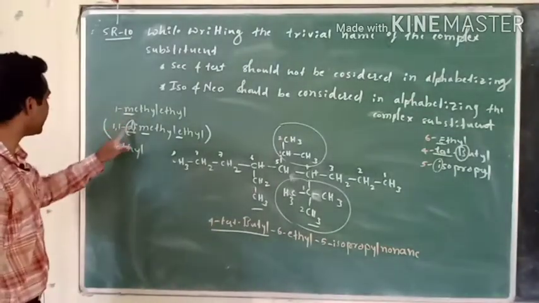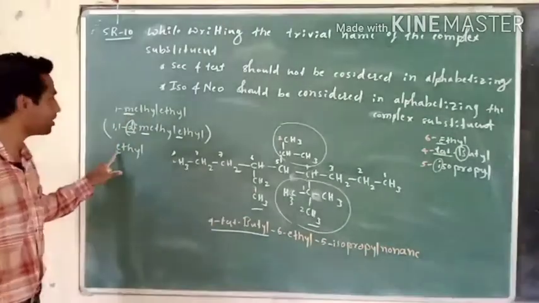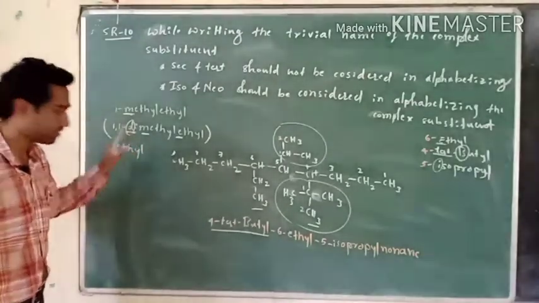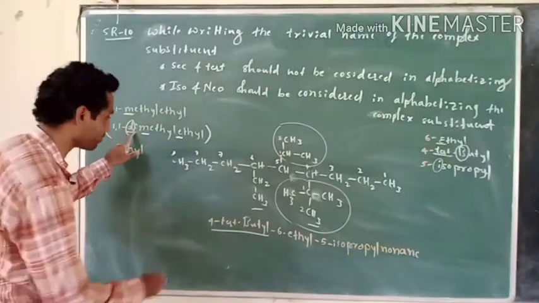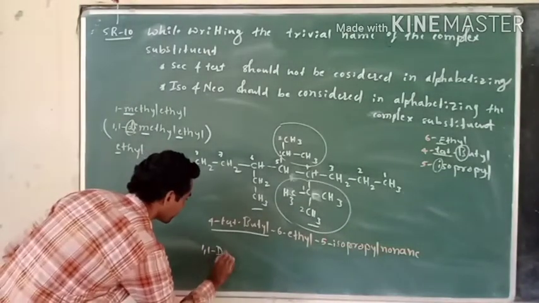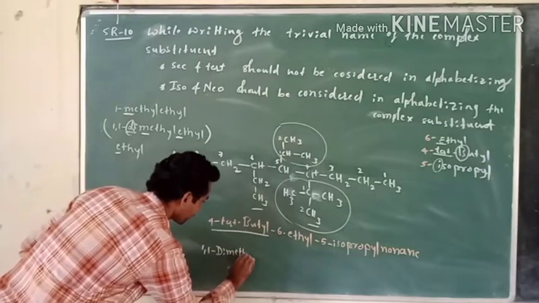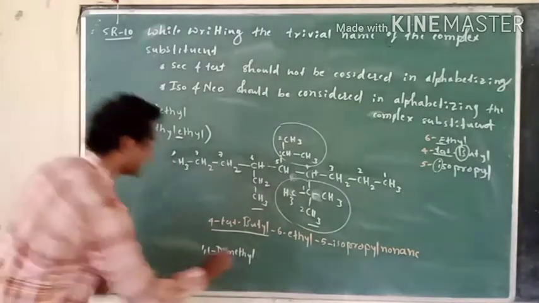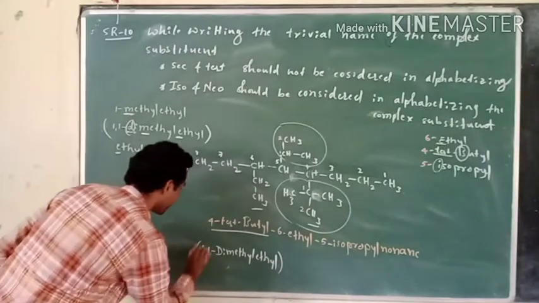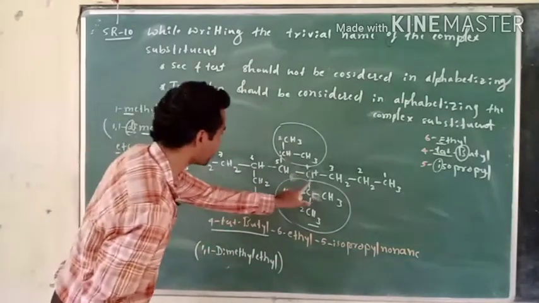So D, E, M, out of these three, which comes alphabetically first? D comes alphabetically first. Therefore, I have to write this substituent first: 1,1-dimethylethyl. I have to write this within brackets. To which carbon is it attached? Fourth position.